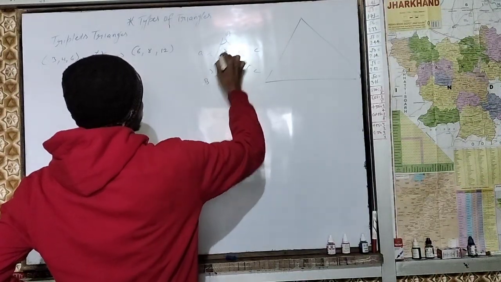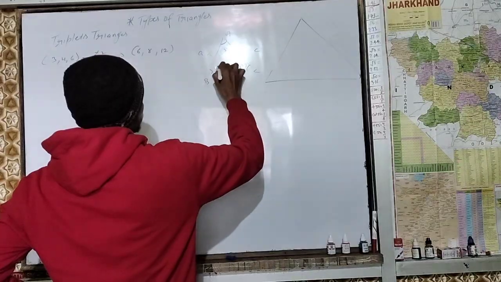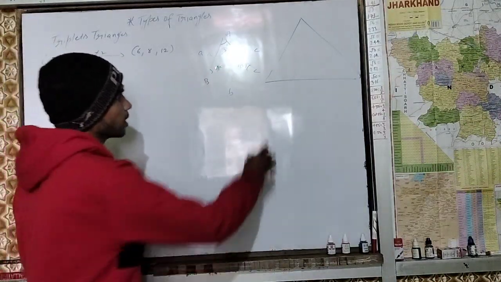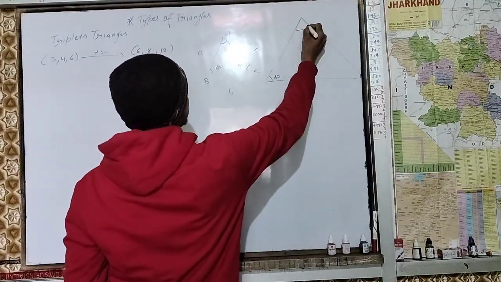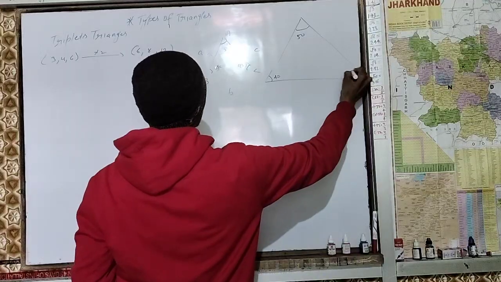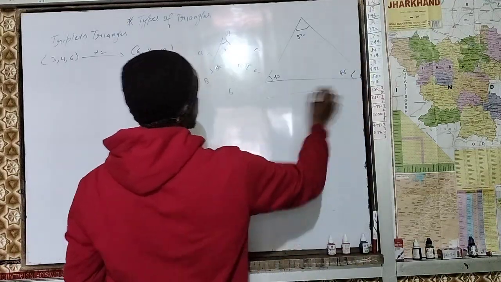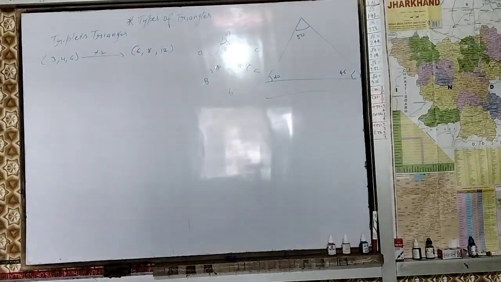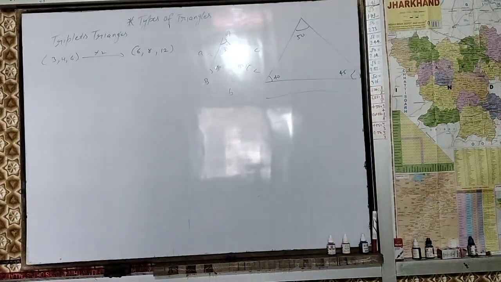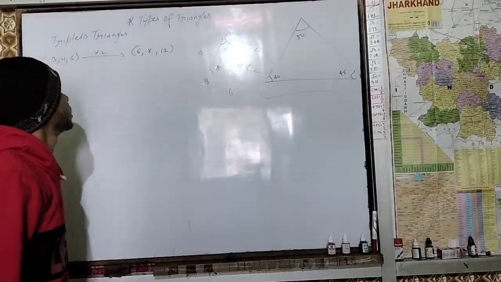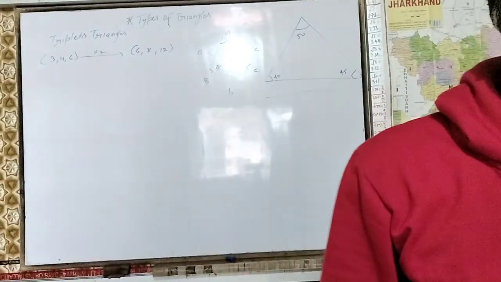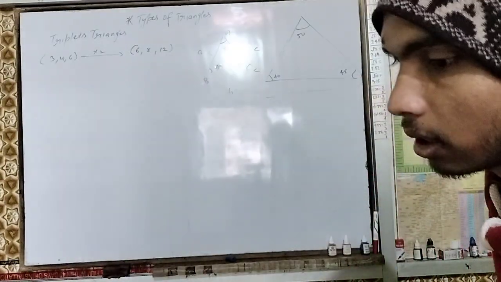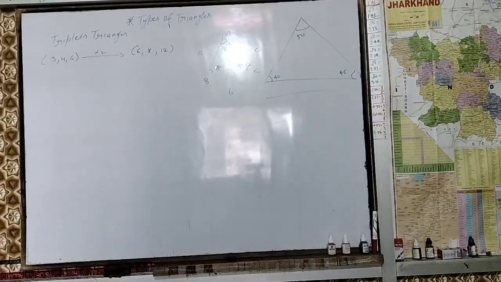Let's just say this angle is 50, this is 40, and this is 45. Only length is increasing. The angles are the same. This type of triangle is known as a template triangle, where we just multiply by any number and get increased length.